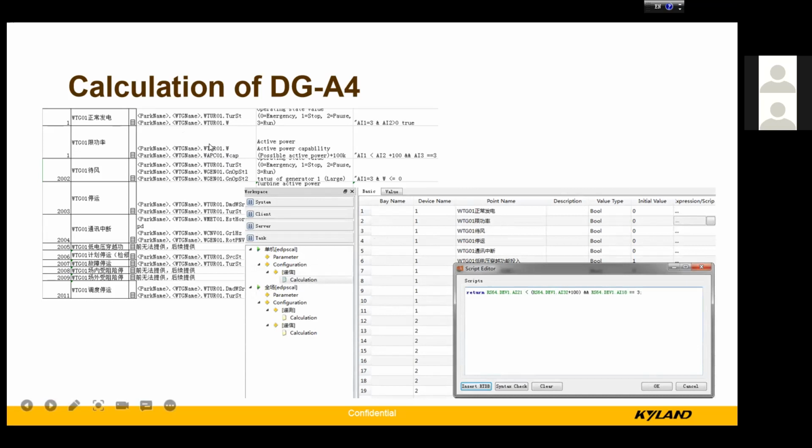So we can use analog 1 and analog 2 to do some simple calculation and return a new value, and then update to the remote center. You can see that this is the calculation requirement, and we can do it in the task here, and then update.